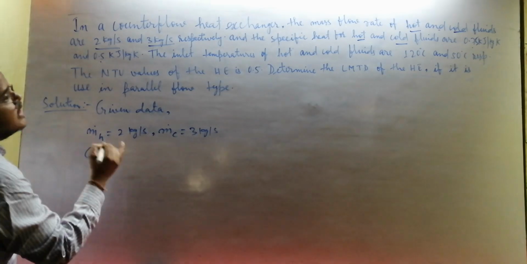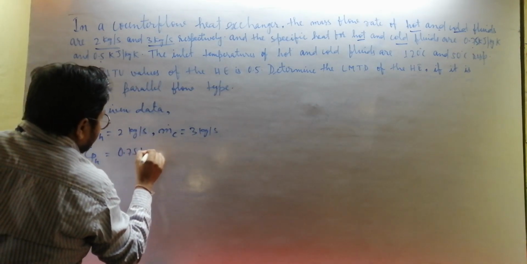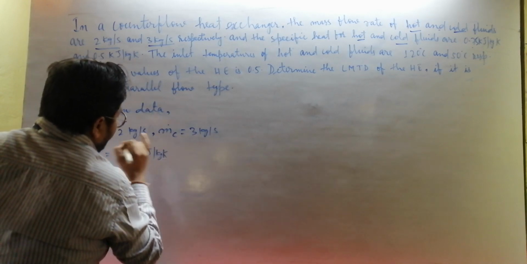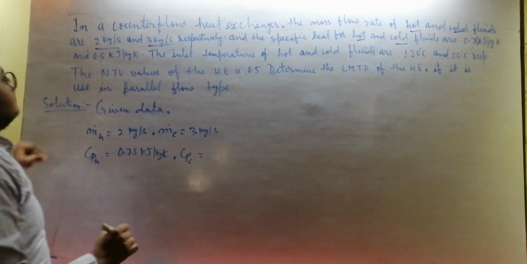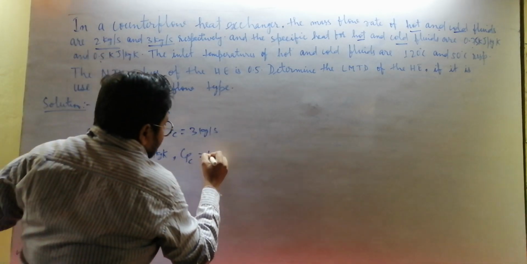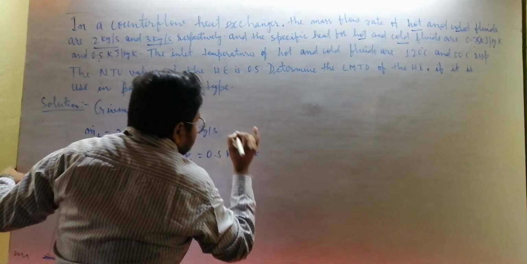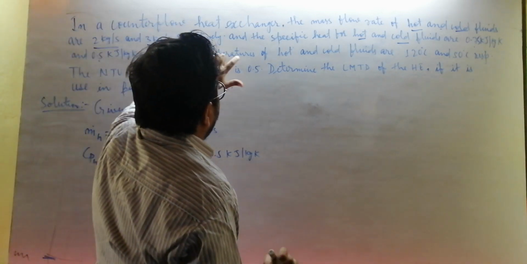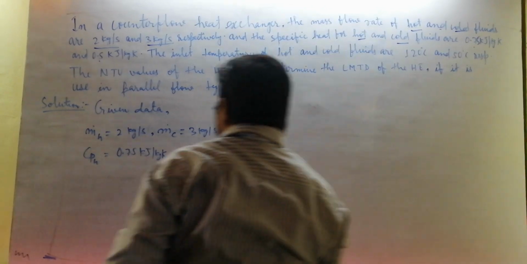Cph for hot fluid is 0.75 kilojoule per kg Kelvin, and Cpc for cold fluid is 0.5 kilojoule per kg Kelvin. Next, the inlet temperatures of hot fluid and cold fluid are 120 and 50 degrees Celsius.